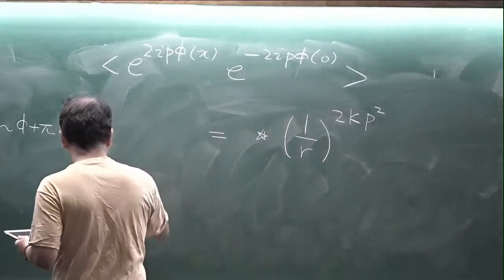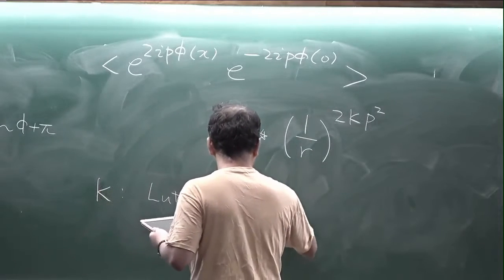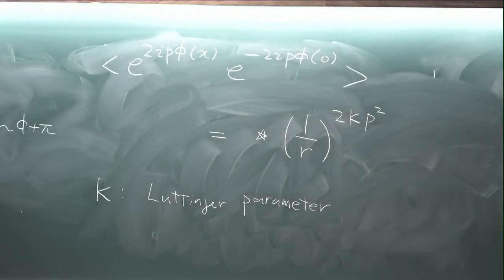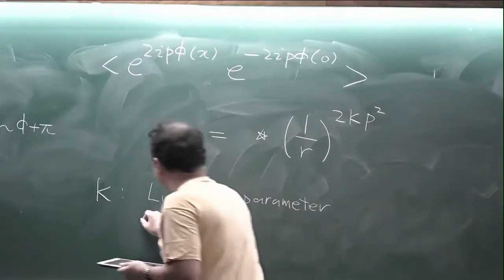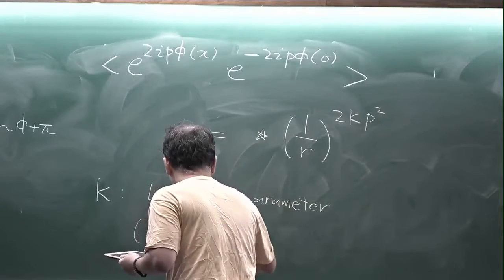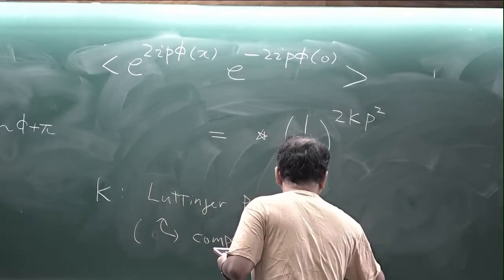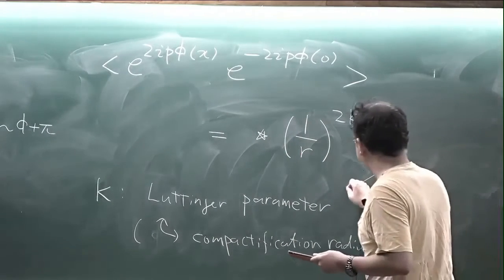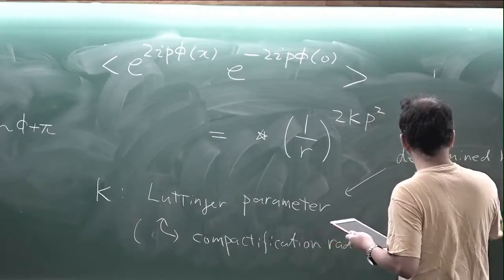So k is something called the Luttinger parameter in the condensed matter literature, and this is equivalent to the compactification radius in the string theory literature. And this, as I said, is basically determined by the strength of interaction, roughly speaking.